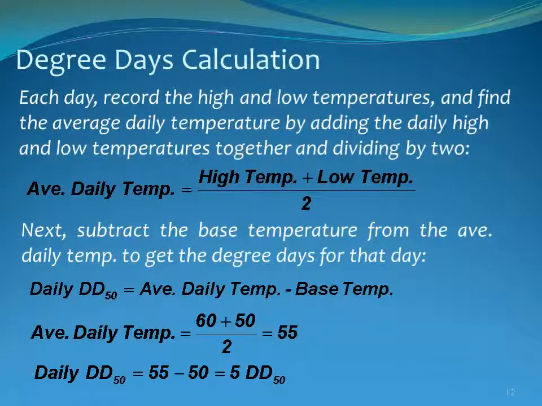Now, if it was below the low temperature or the minimum temperature threshold, when you divide by 2 and you get something that's less than 50, then you don't accumulate any degree days for that day. But in our example here, we're finding, okay, our average daily temperature is 55. You subtract the base temperature from that, and you get 5 degree days. Woohoo!